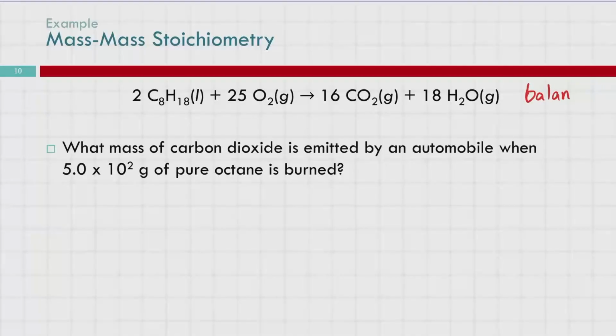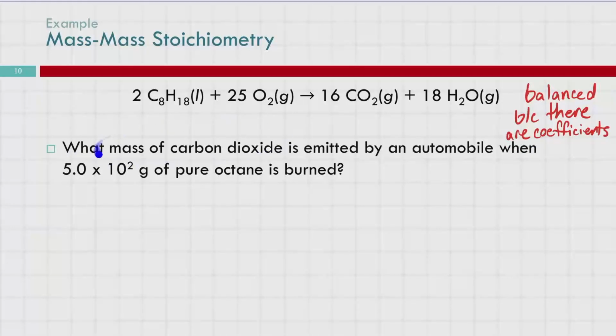And the way that we can immediately guess if it's balanced, we have coefficients. Having coefficients in there typically means it's balanced. It's always a good idea to check, but typically it's going to be balanced if there are coefficients there already.